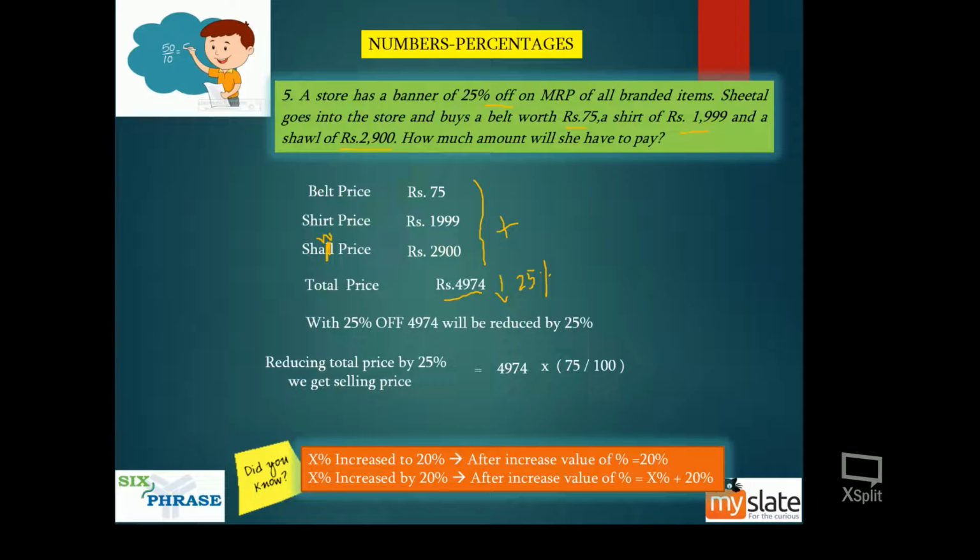If you have to reduce a number by 25, you multiply it by 100 minus 25 by 100, which is 75 by 100. And there you have your answer, 3730.5.